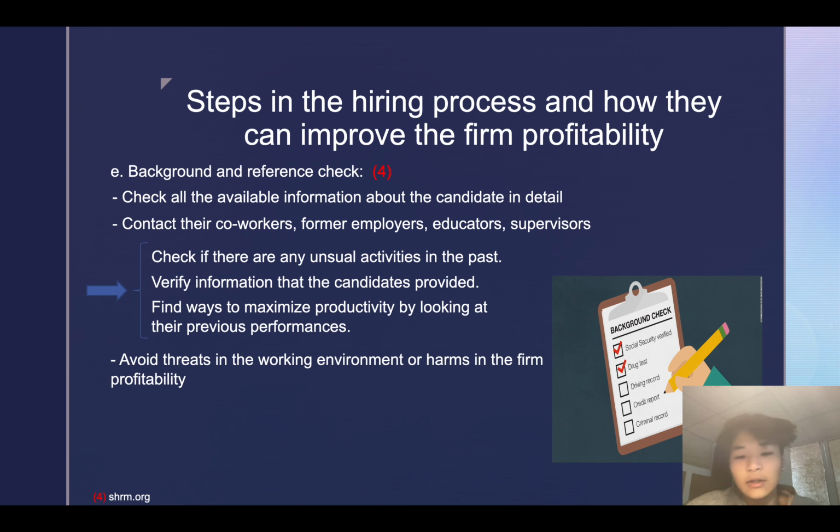So this step is done to avoid threats in the working environment or harm to the firm's profitability that might occur in the future. For example, the candidate might have a history of sexual harassment or workplace violence in the past, or they might be a lazy or arrogant employee according to their previous employers.